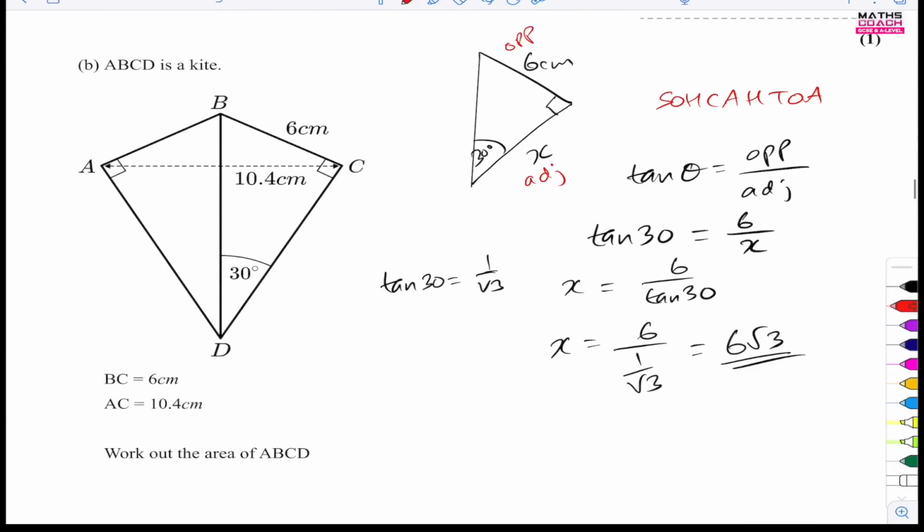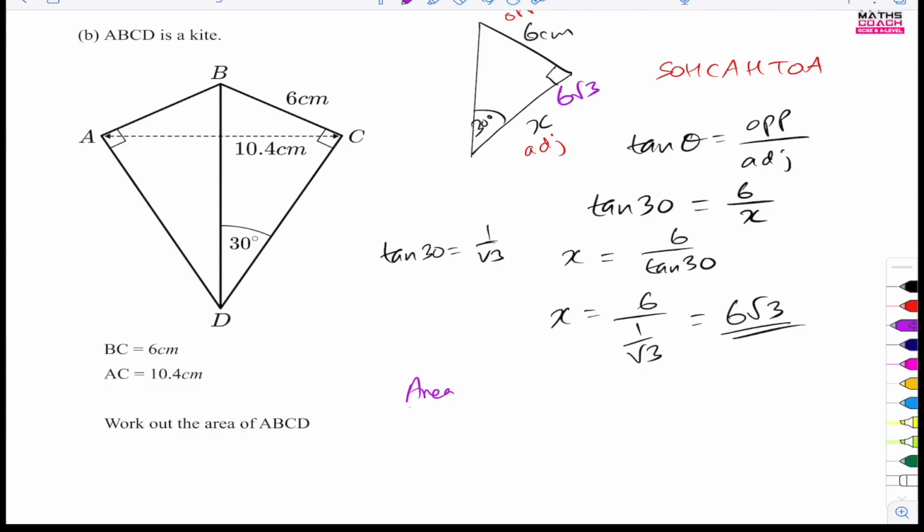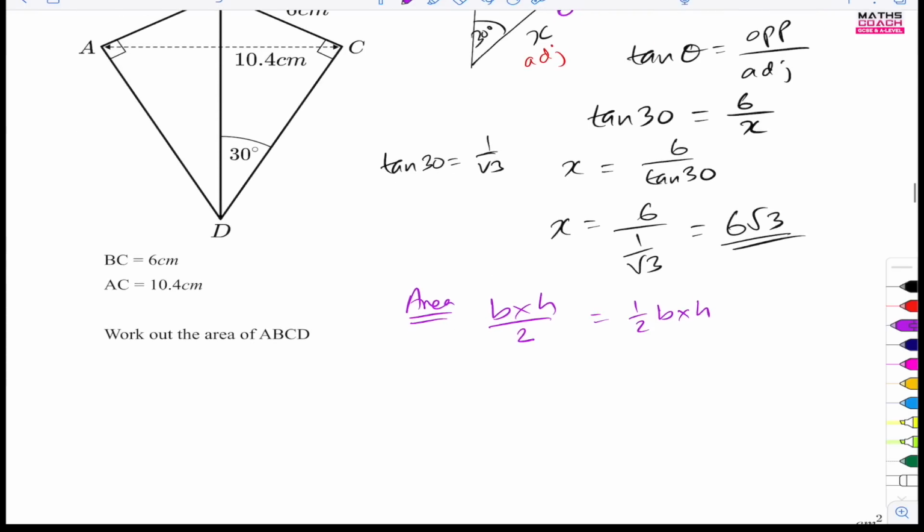Now that we have found x is equal to 6 root 3, let's work out base times height divided by 2, the area of that triangle. In fact, it's probably easier to use this version, half base times height. But it doesn't matter, you could use either.